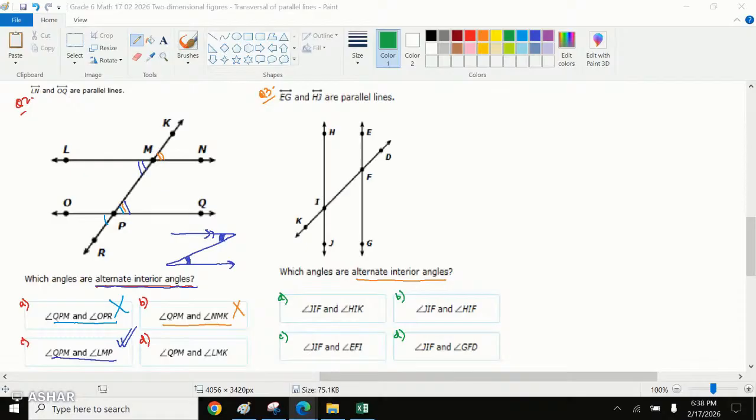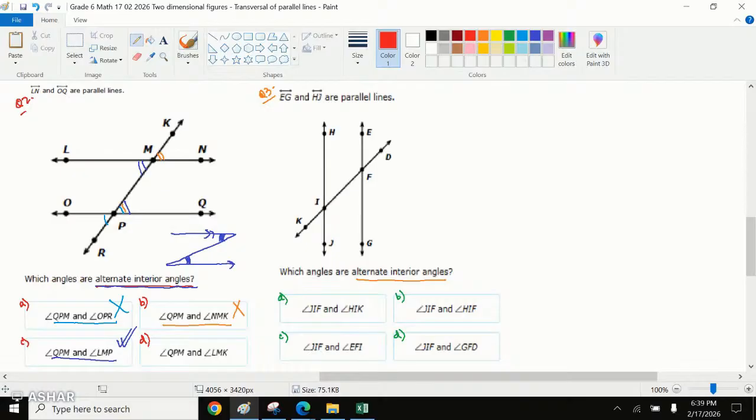Okay, what we need to do is look at different types of angles. When we are looking at alternate interior angles, I'll just redo this.